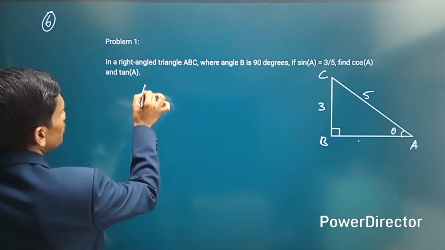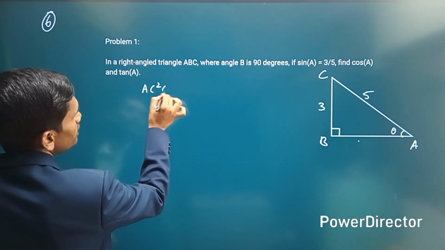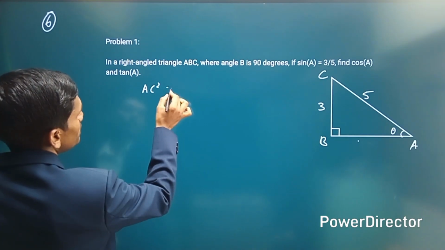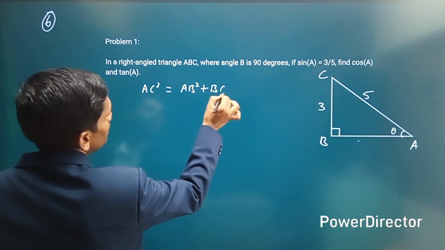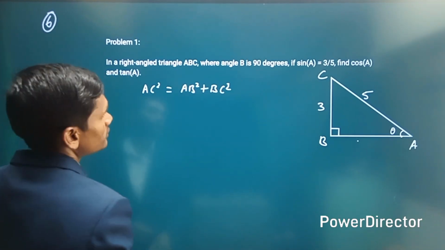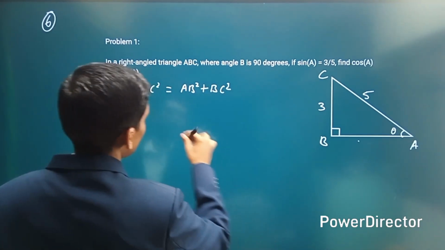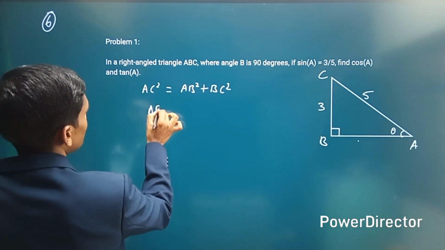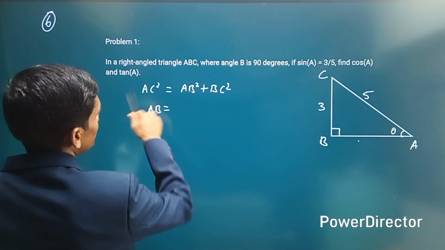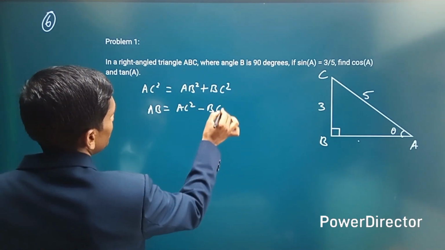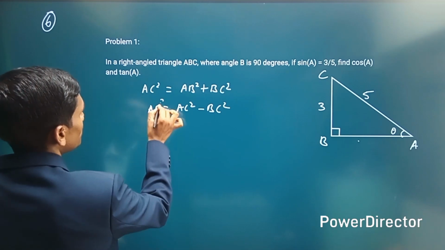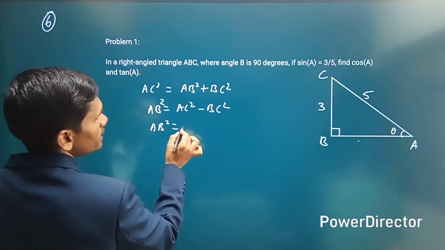So according to the Pythagoras rule, AC square is equal to AB square plus BC square, right? Here, we need to find AB first. If you want AB, you bring it to the other side: AB square is equal to AC square minus BC square.